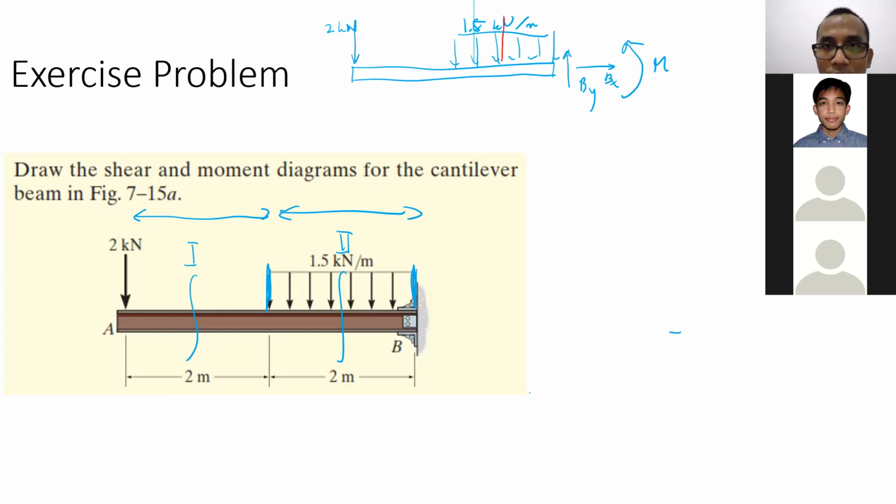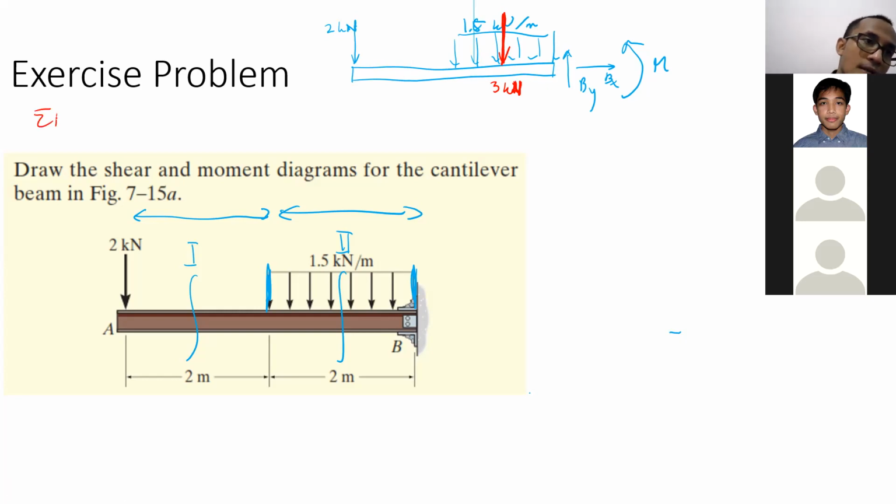So I will replace that distributed force with concentrated force of 1.5 kilonewton per meter multiplied by 2 meters. So the concentrated force is supposed to be 3 kilonewton. You get it, Safra? Yes. So that 3 kilonewton concentrated force will replace that distributed force. Now let's do the calculation of the Px, Py, and moment.